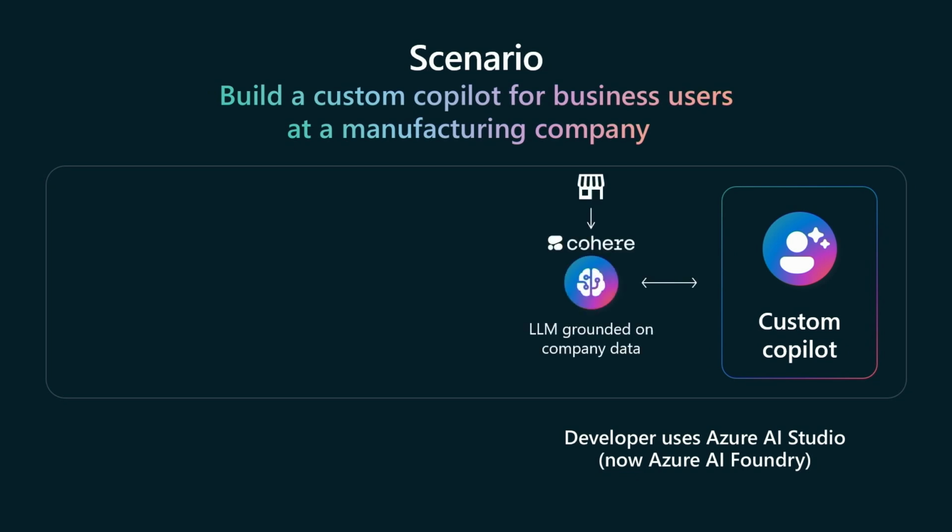So the developer will be using a large language model that he will buy from the marketplace as the base for this copilot. And then he'll be grounding the large language model with company-specific data.